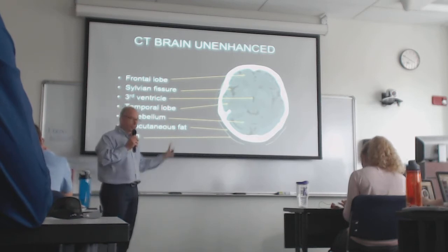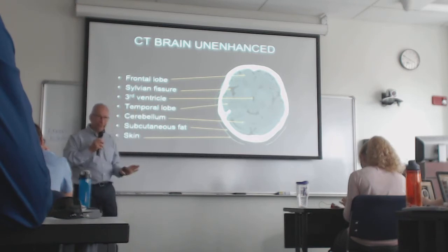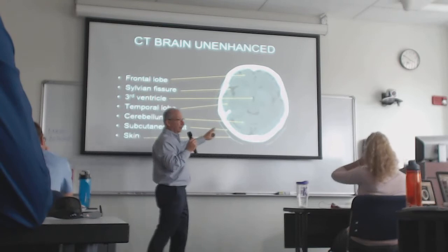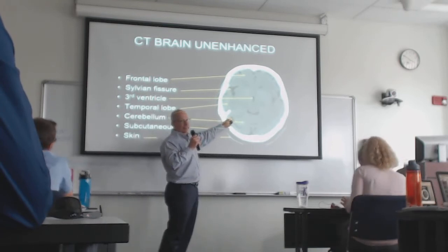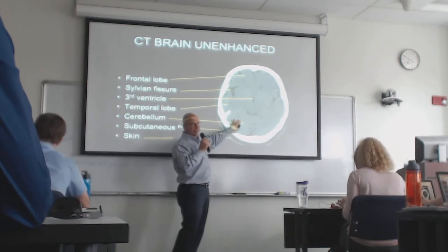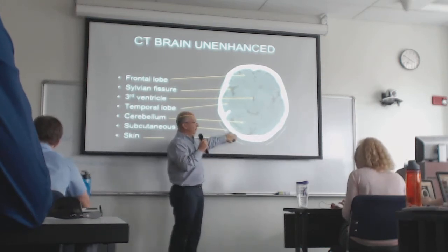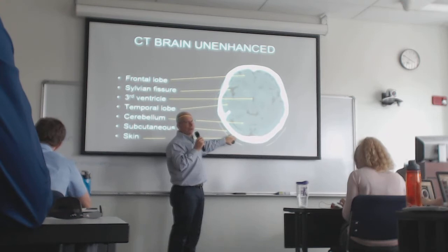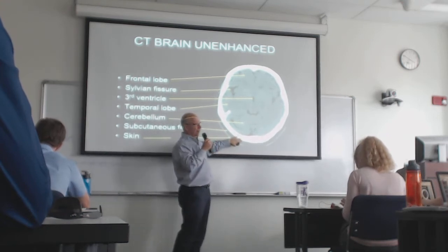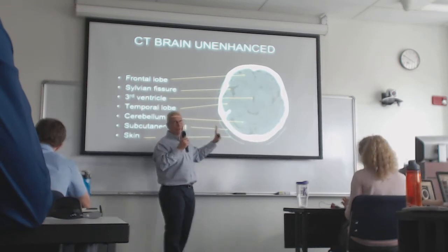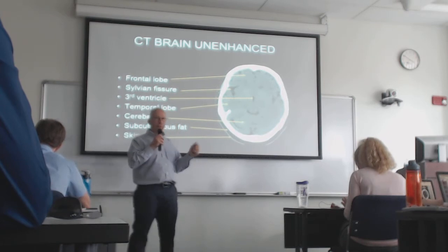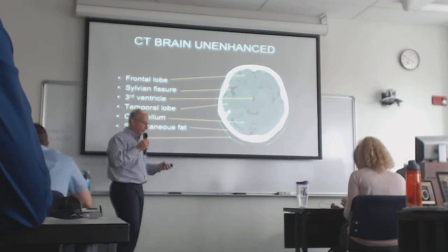There's a whole bunch of physics that goes into why that is, and we're not going to talk about it at all. But for our purposes, black on the CT scan is fluid, gray is tissue, white is bone, and then there are certain pathologies that are going to be white, like acute blood and other things. But in a normal CT brain, fluid is black, normal brain tissue is gray, bone is white.